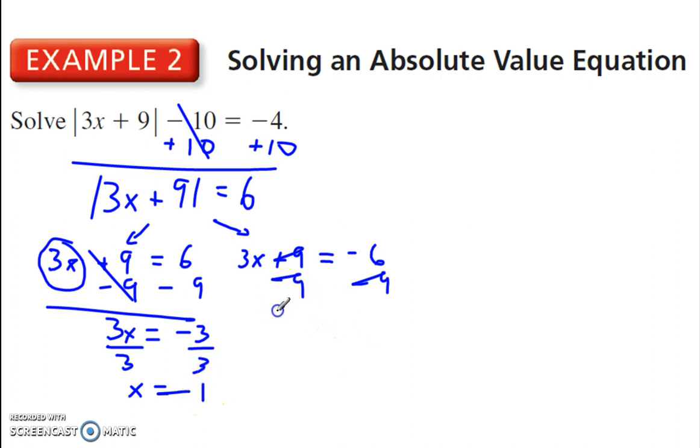And then over here we have 3x is equal to negative 15, divide by 3, and x is equal to negative 5. In this step here, we could have also divided this entire expression by 3 and factored a 3 out of this right here. So that's another way to solve it.